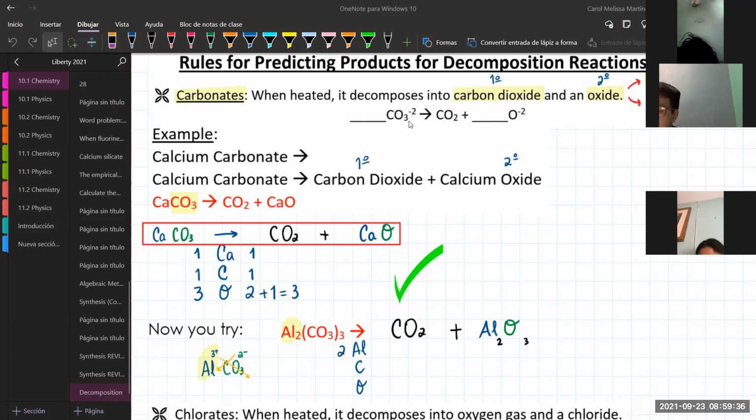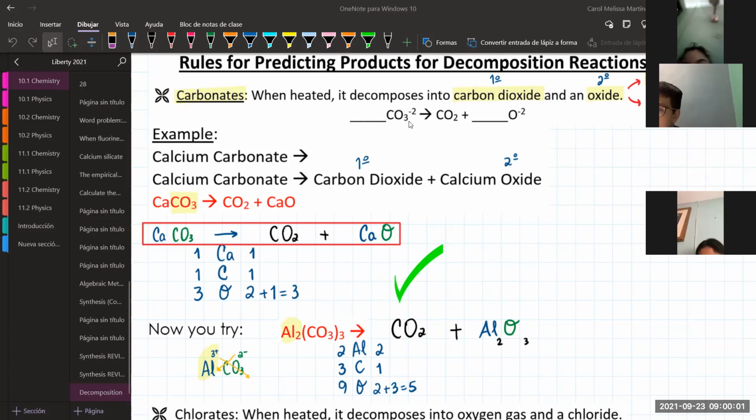I have 2 aluminums in the left, 2 in the right. I have 3 carbons in the left. I have only 1 carbon in the right. I have 9 oxygens in the left, and I have 2 plus 3, 5 oxygens in the right. So it is not balanced.